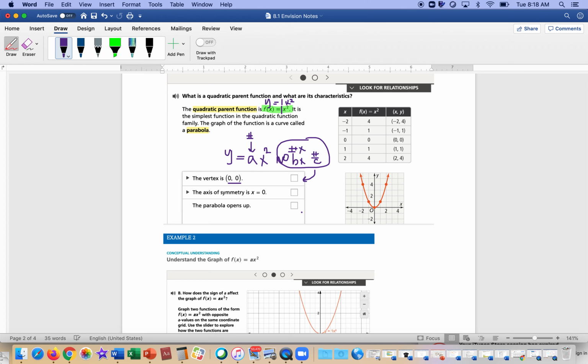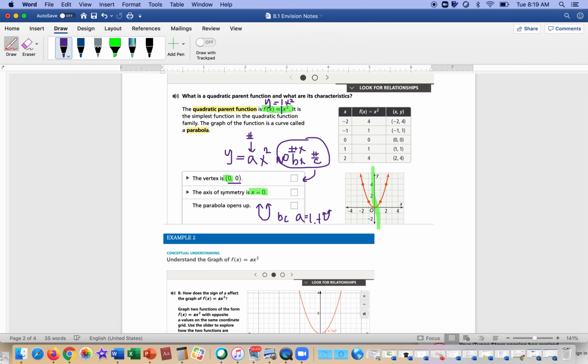0. Okay? The axis of symmetry is the line that splits our graph in half, and it's the x coordinate of our vertex. So we know that the axis of symmetry would be x equals 0. The parabola, we know, has to open upwards because a is 1, a is positive, and positive opens up.